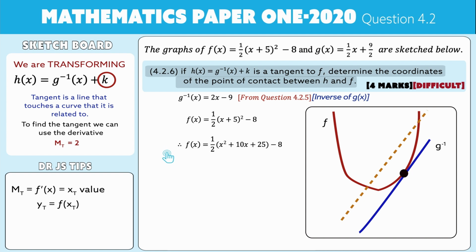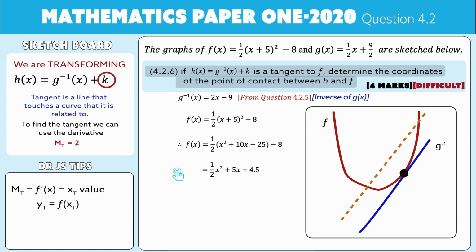That gives us a half x squared plus a half of 10 is 5x, and here you have 12.5 minus 8, which leaves you with 4.5. So this is positive 4.5. Let's leave it as that.